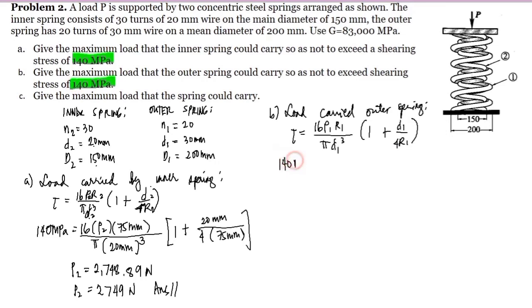So 140 megapascal is equal to 16 P1 times the mean radius 1, half of 200 mm, which is 100 mm, over pi multiplied by the wire diameter, 30 mm cubed, times 1 plus the wire diameter, 30 mm, over 4 multiplied by the mean radius, 100 mm.